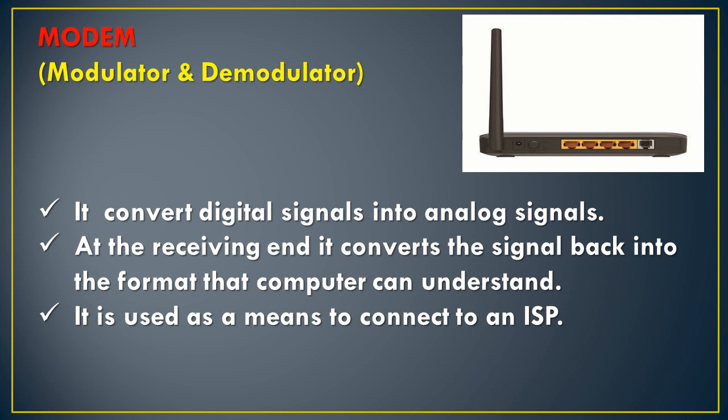At the receiving end, it converts the signal back into the format that the computer can understand. So our computer understands digital signals, so it gets converted by the modem. It is used as a means to connect to an ISP. ISP stands for Internet Service Provider.